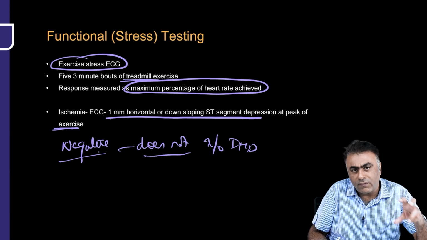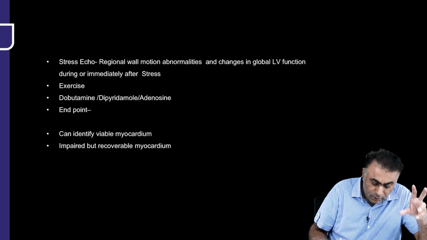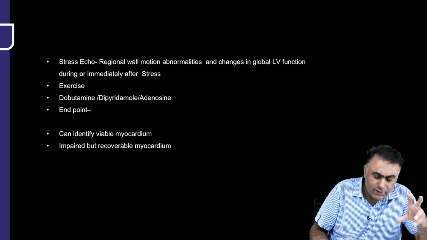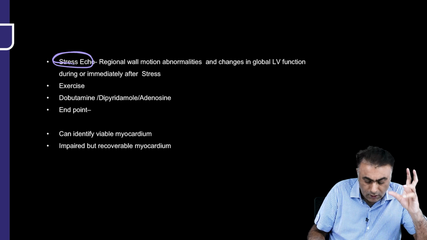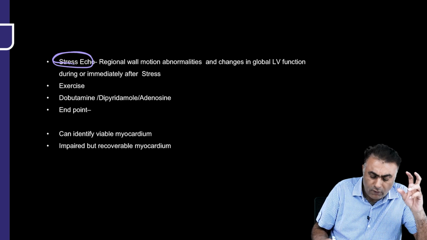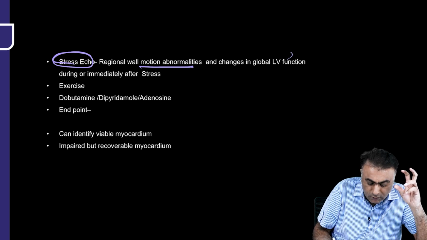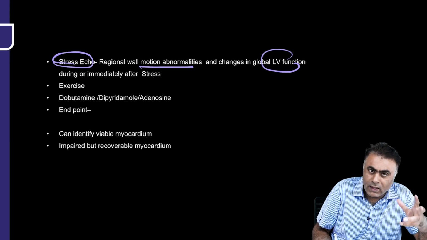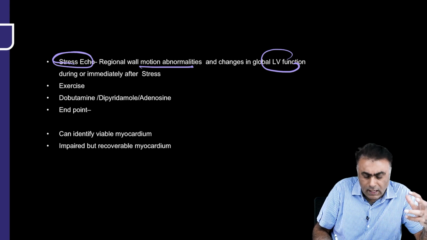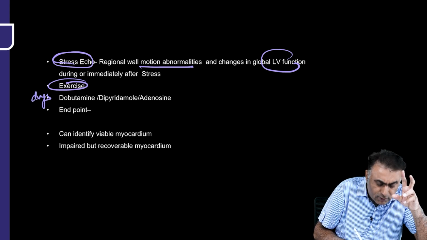So, one form of stress test is the exercise stress ECG. The other very important form is stress echo, where we look for regional wall motion abnormalities and changes in global left ventricular function during stress and immediately after stress. Same story, the stress can be given in the form of exercise or drugs, that is, pharmacological stress.